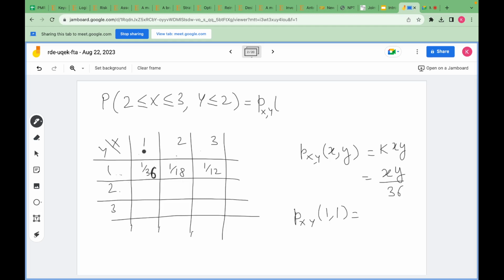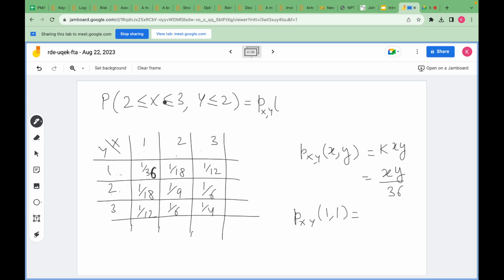Similarly, for 2,1 it will be 1 by 18. For 2,2 it will be 1 by 9. For 3,2 it will be 1 by 6. For 1,3 it will be 1 by 12. For 2,3 it will be 1 by 6. And for 3,3 it will be 1 by 4.